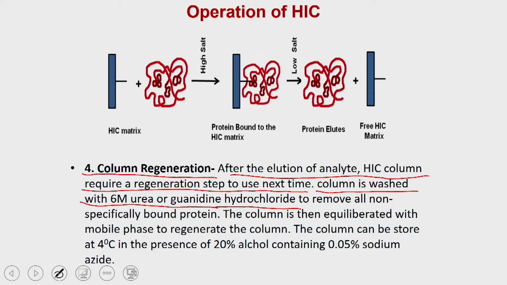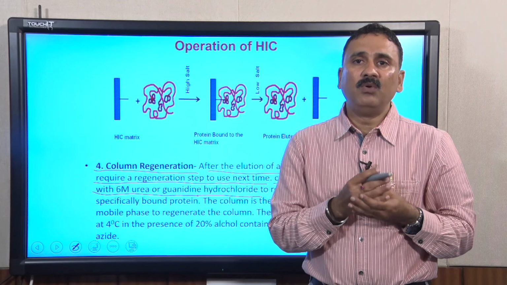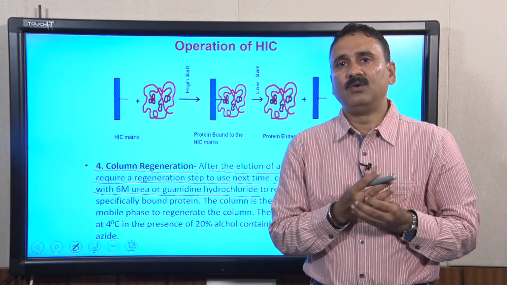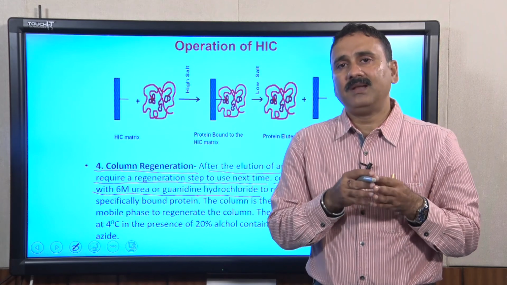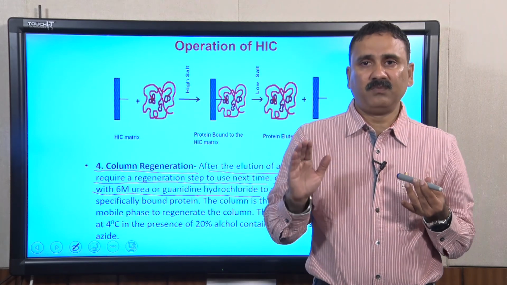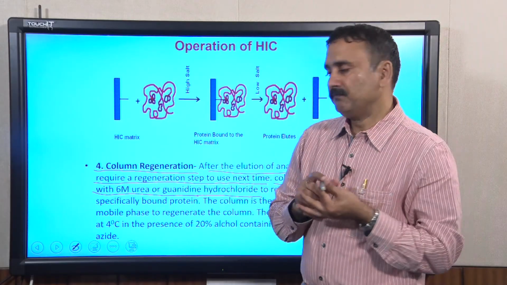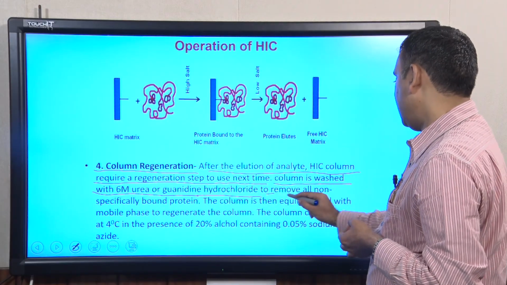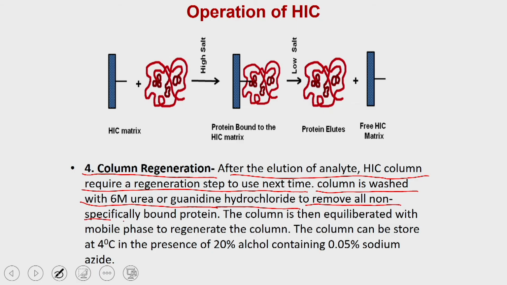This is going to denature all the proteins, and it is going to remove the non-specifically bound protein on the beads, as well as all the proteins bound to the ligand. The column is then equilibrated with the mobile phase to regenerate the column.